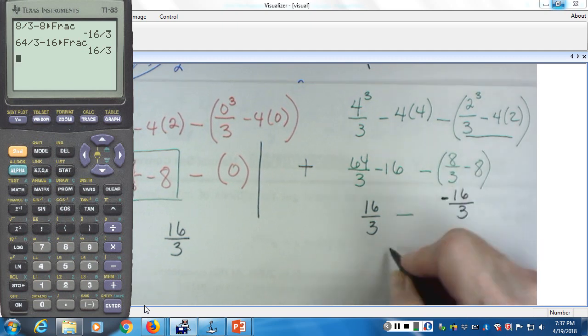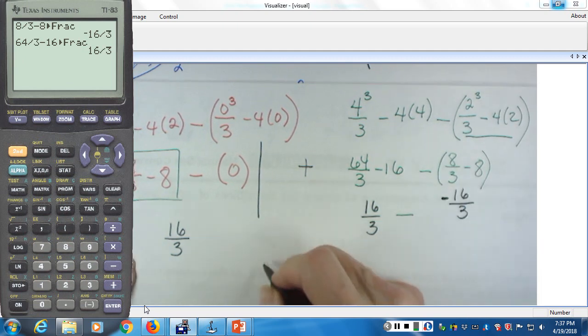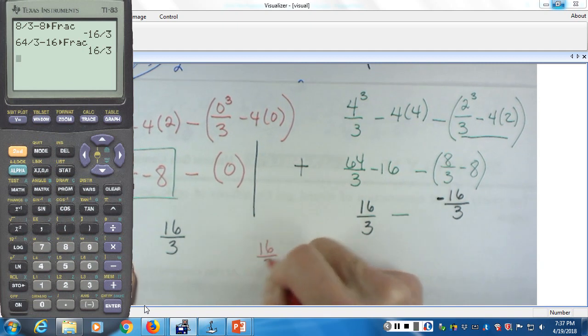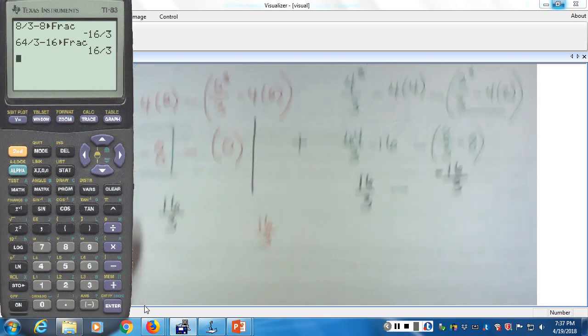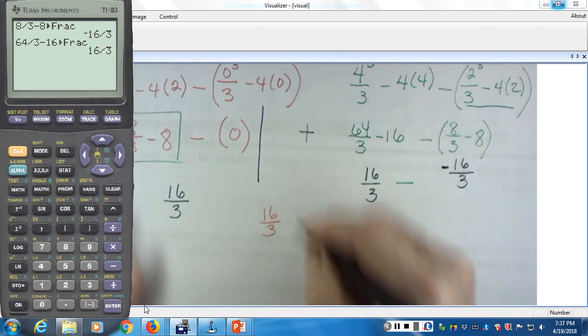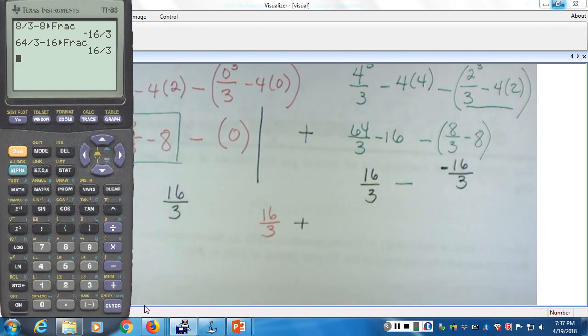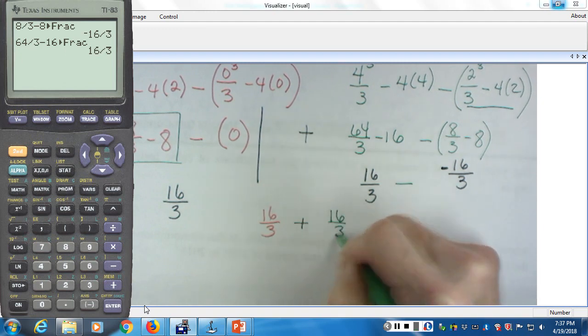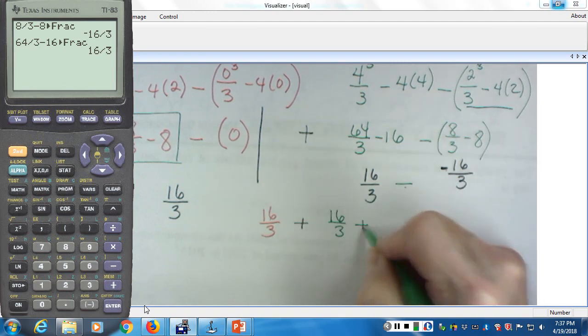That's going to turn out to be altogether 16/3 from the upper limit, or the first part, added to 16/3, minus times minus is plus 16/3.